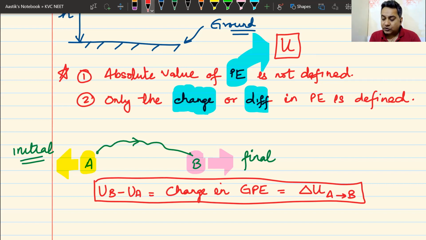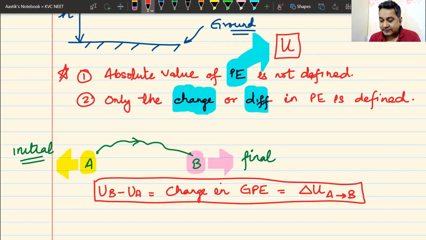If UB minus UA is the change in gravitational potential energy, which is delta U from A to B, what will be the difference in gravitational potential energies? So I've moved from point A to point B. Point A is my initial point. Point B is my final point. Change is UB minus UA. What will be the difference in the gravitational potential energies?